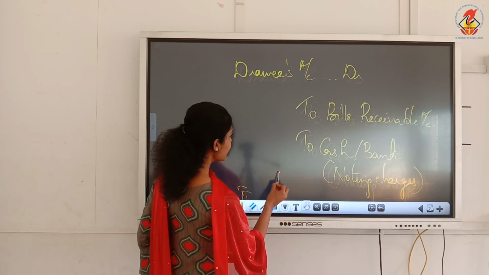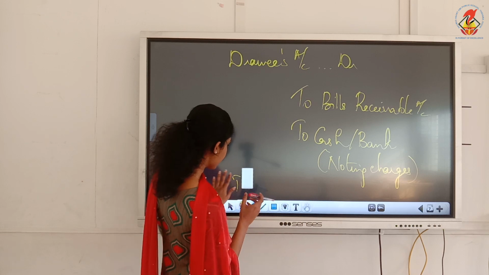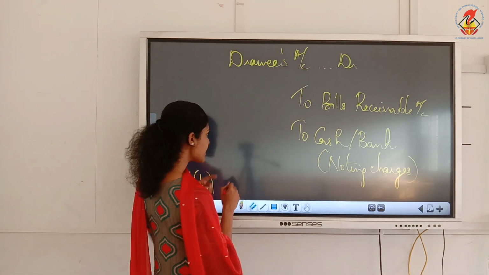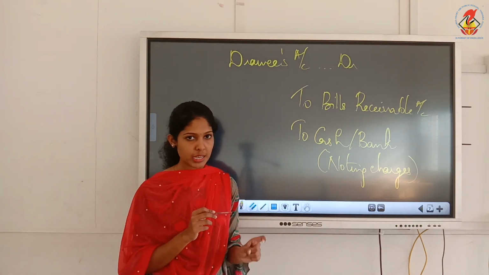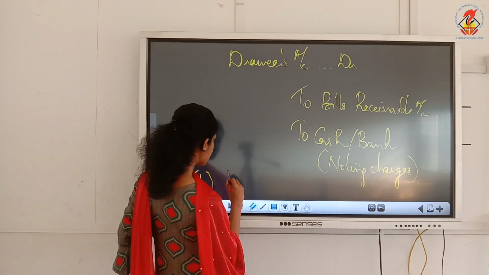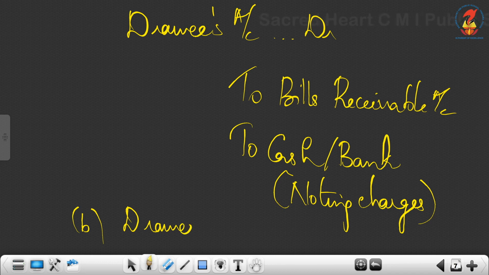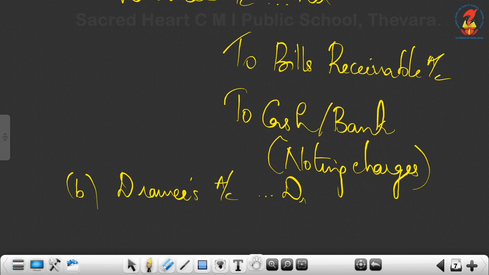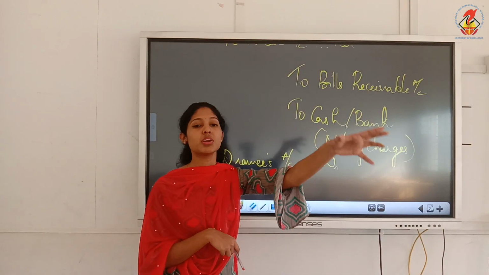So there is a slight change in this entry for case B. All these entries are to be recorded at the time of dishonor, but we have different cases. Now in the second case, case B, the entry is drawer's account debtor. We need not cancel bills receivable because it is already given to the bank.